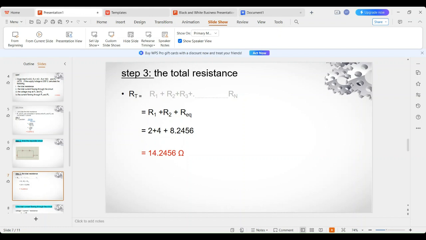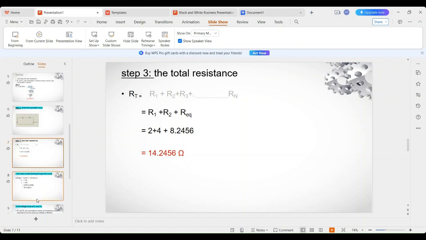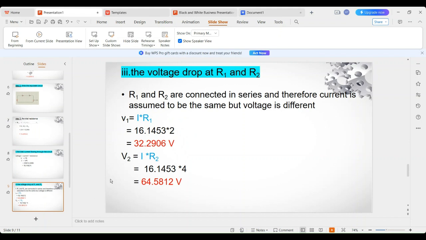That is 2 plus 4 plus 8.2456 ohms. Our total resistance for problem number one is 14.2456 ohms. I believe you have understood that section. Let's look at our problem number two.